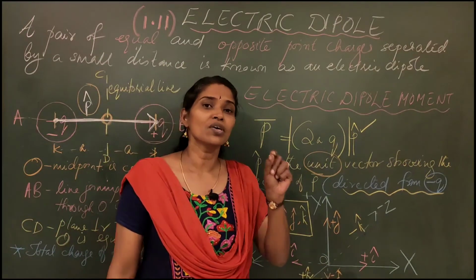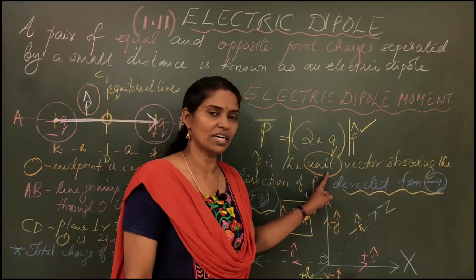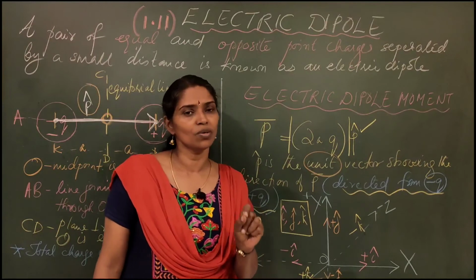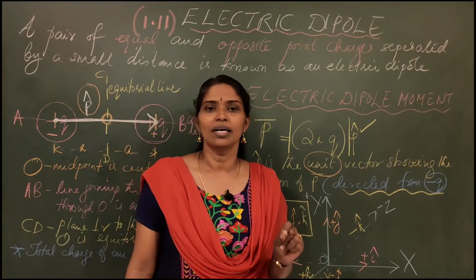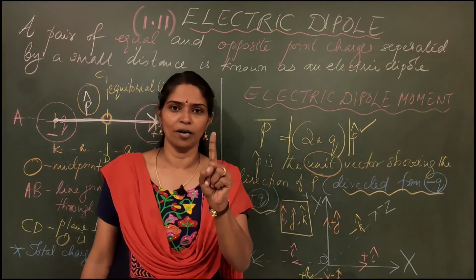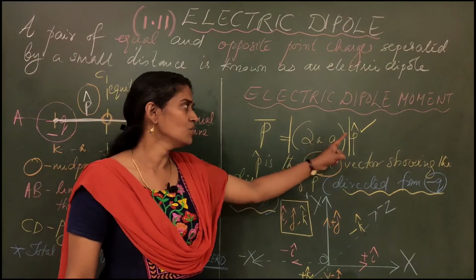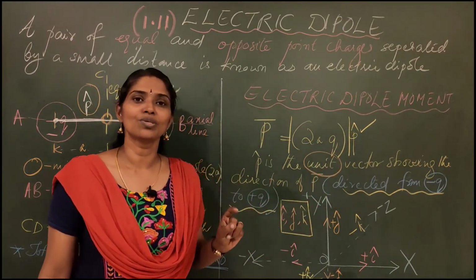So whenever you come across a cap, beware that it is a unit vector. And the duty of a unit vector is just to show the direction, because the magnitude is a single unit value, or 1.